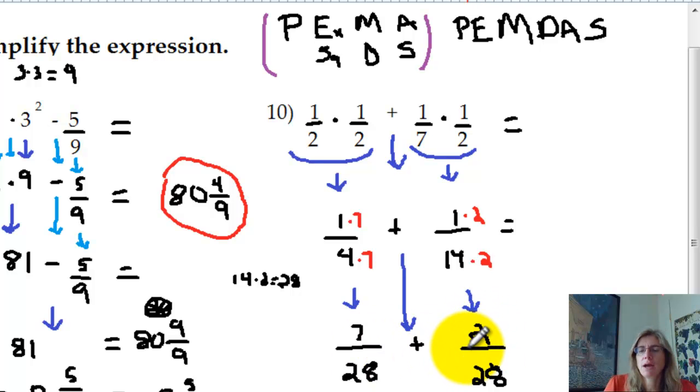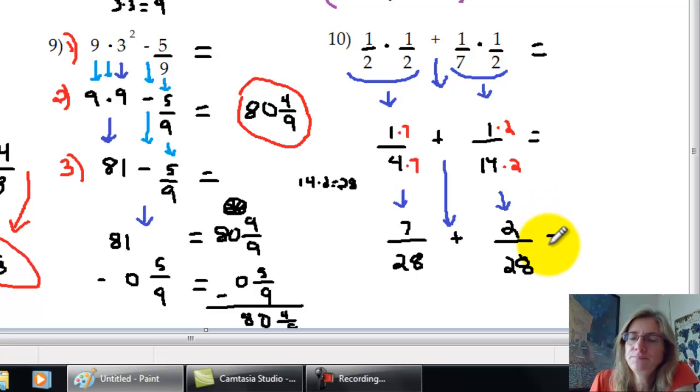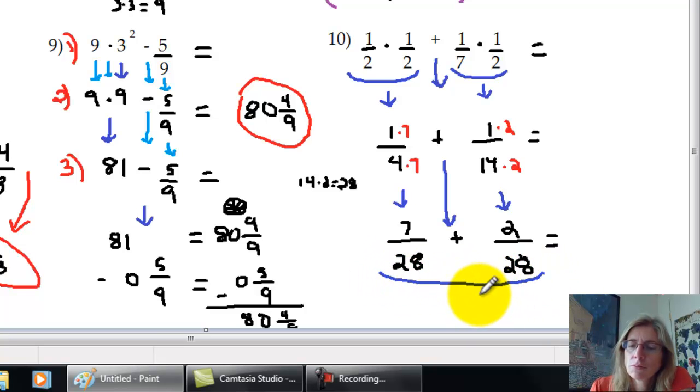Now we can add those numerators because we have a common denominator. 7 plus 2 is 9. So you have 9. Well, let's keep our arrows there. We're adding these two. We're going to get 9 28ths.